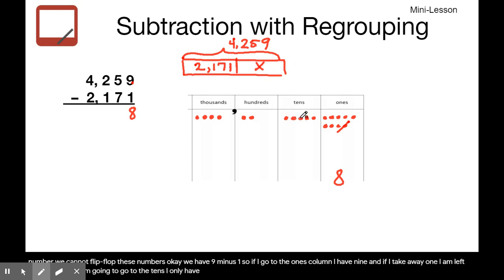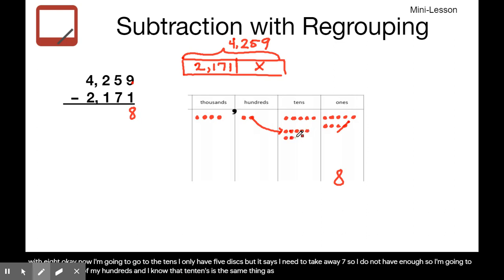I only have 5 discs, but it says I need to take away 7, so I do not have enough. So I'm going to decompose one of my hundreds, and I know that 10 tens is the same thing as 100. So now I have 15.